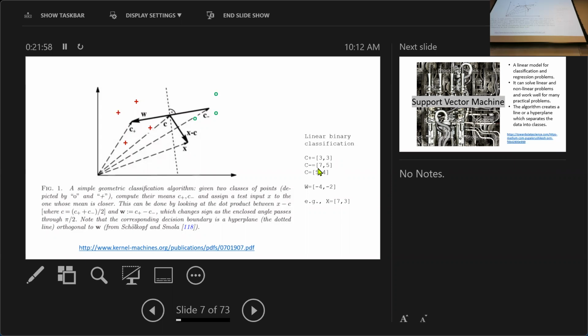So the dot product between these two will be X minus C, dot product with W.